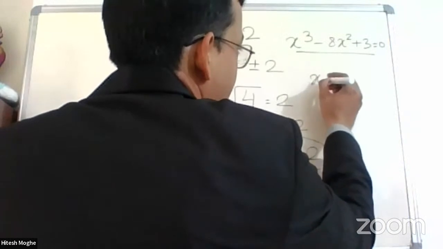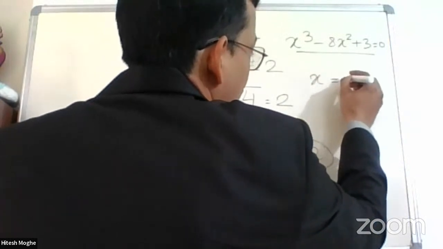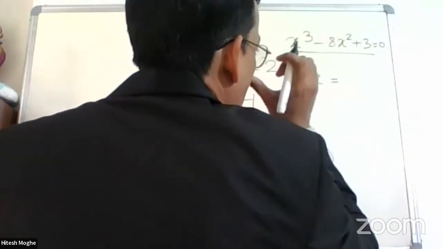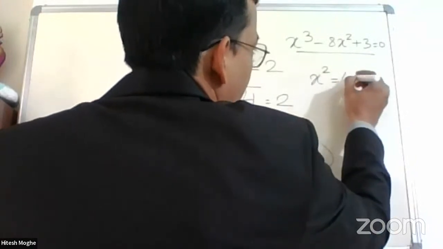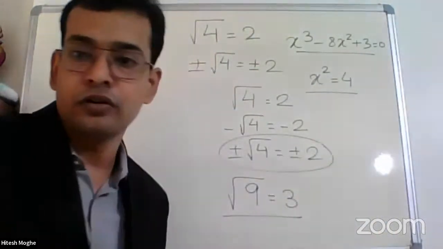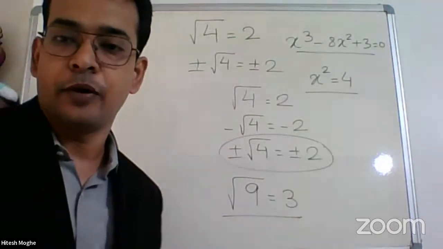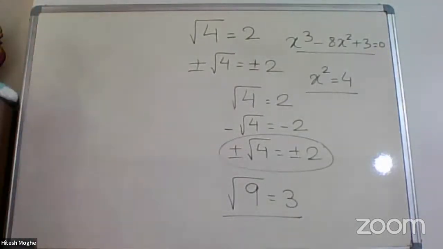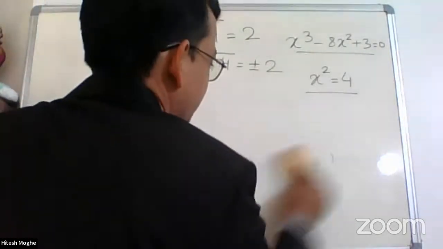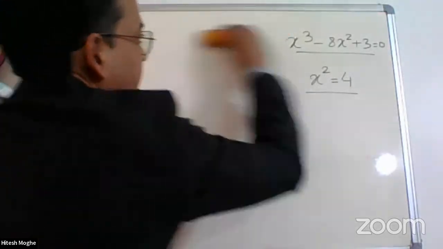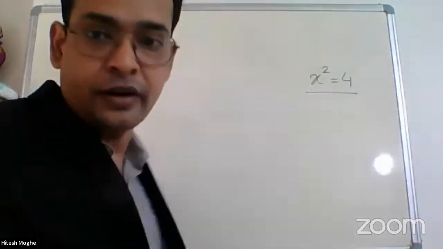So if I say x square equal to 4, ये कौन से डिग्री का पॉलिनोमियल इक्वेशन है? x square equal to 4.